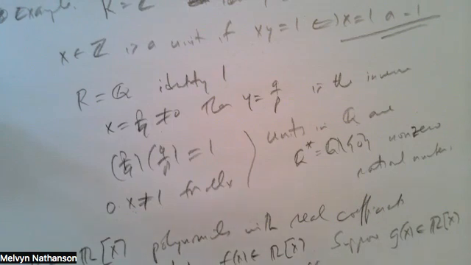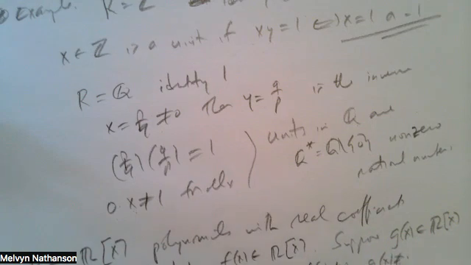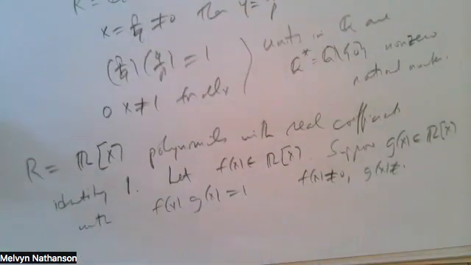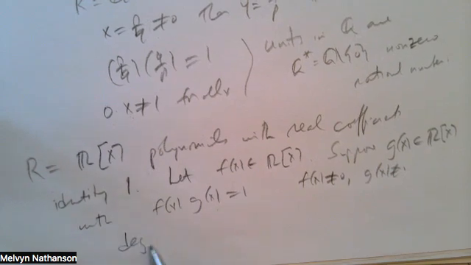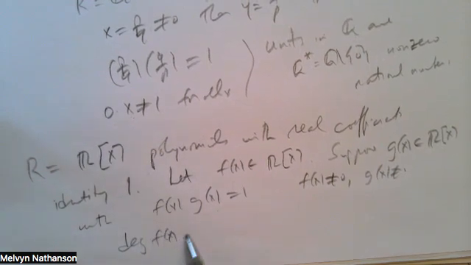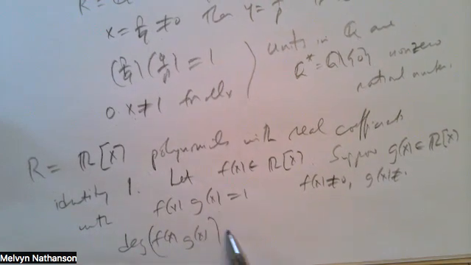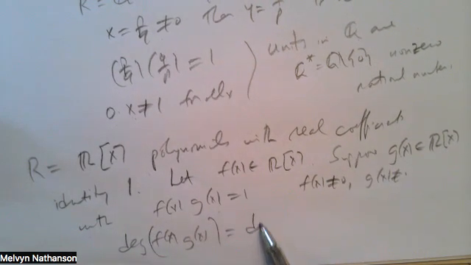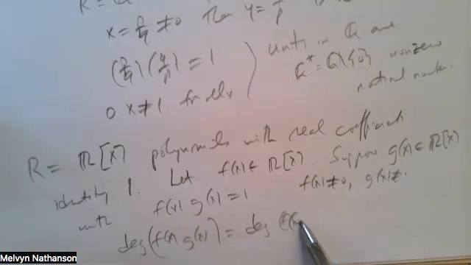So, of course, f of x has to be non-zero and g of x has to be non-zero. But they teach you in elementary school or wherever that the degree of the product of two polynomials is the sum of the degrees.